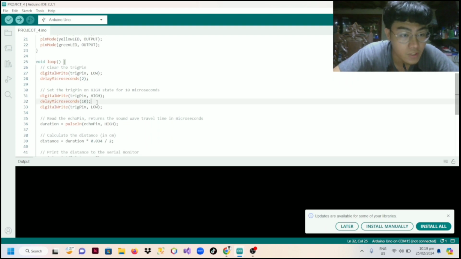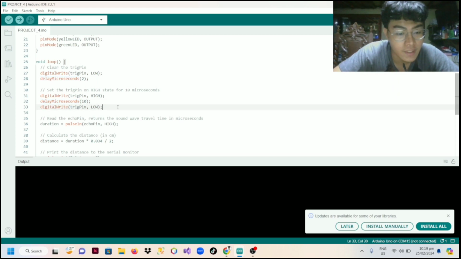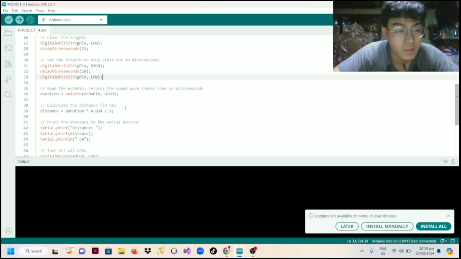Next, of course, we are going to hold the high for only about 0.1 second. That will be enough. Then, of course, we will be setting it to low to reset the process.